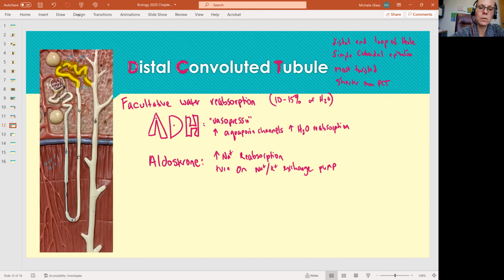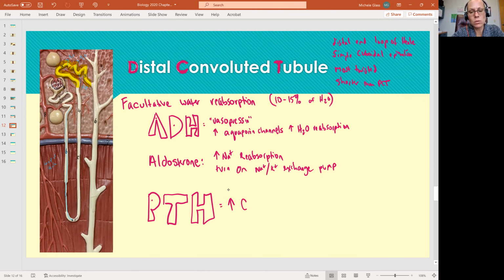The other hormone that we can see influencing the DCT is another old friend, which is parathyroid hormone. Parathyroid hormone is, of course, being produced by the parathyroid gland. And we talked about it when we talked about calcium regulation, and we see it's going to be increasing calcium ion reabsorption.